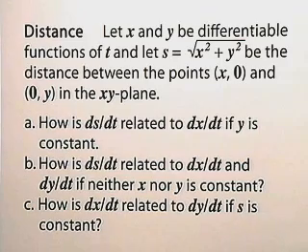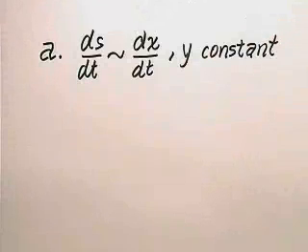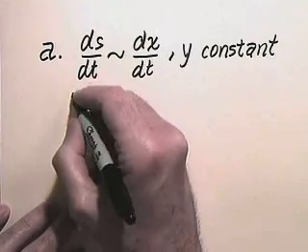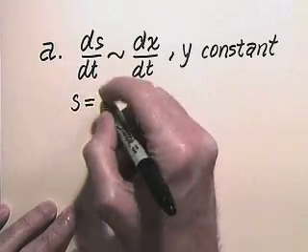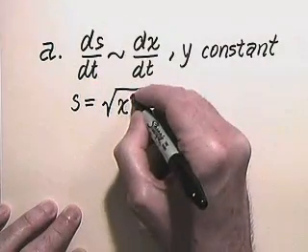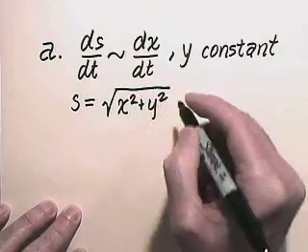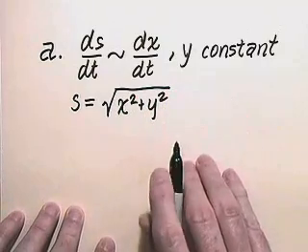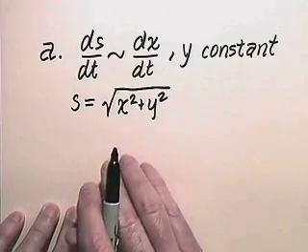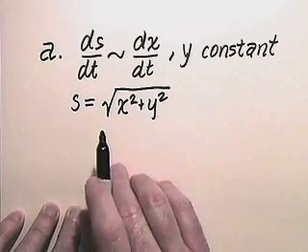Okay, so let's look at this. Part A then is how is ds/dt related to dx/dt with y as constant? And remember, our equation for s in terms of x and y is s equals the square root of x squared plus y squared. Now, in equations involving related rates, we can do rearrangements of the equations to simplify things where possible.